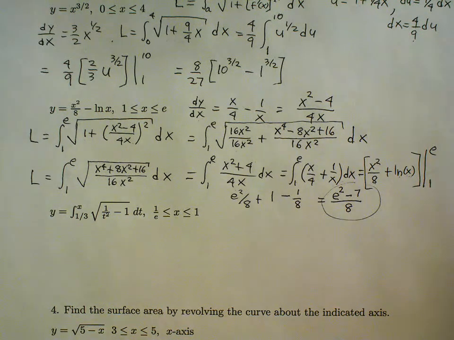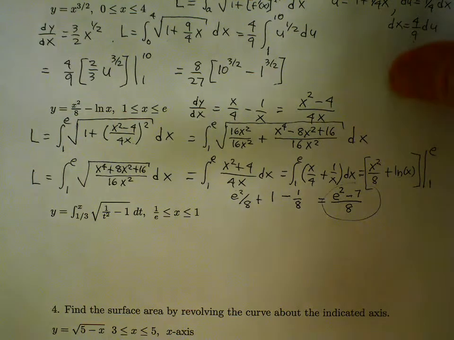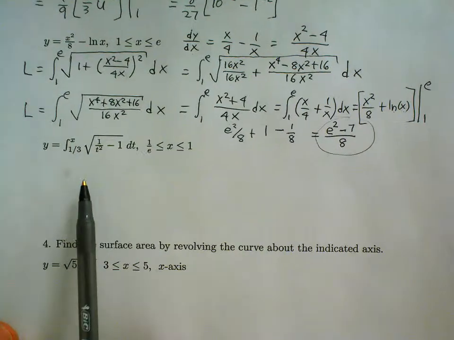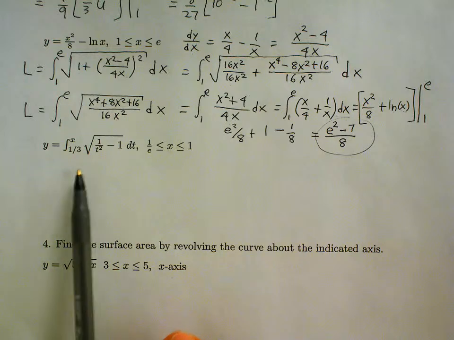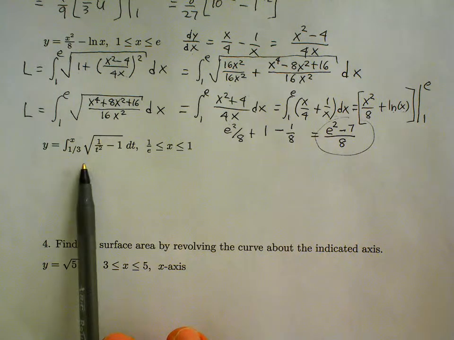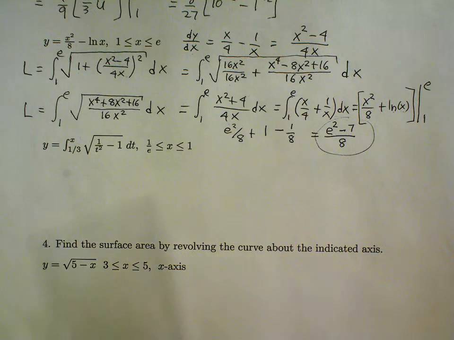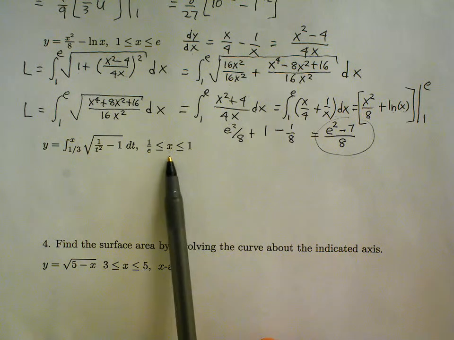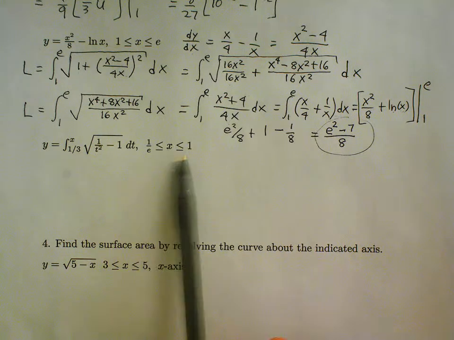Okay, the next example, find the arc length of y equals the definite integral from t equals 1/3 to x of the square root of 1 over t squared minus 1, on the interval where x is from 1 over e to 1.